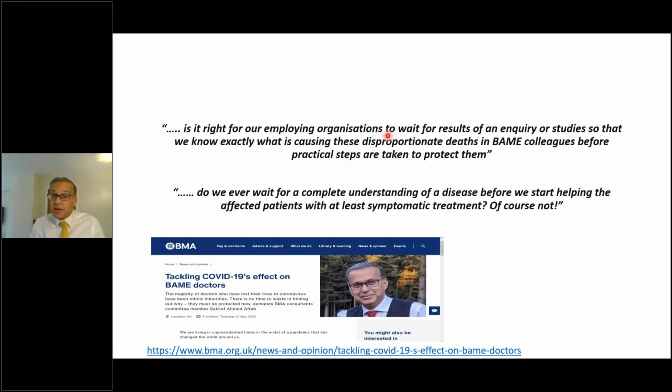And I'm lucky that I worked in an organization where the senior management was sympathetic to the concerns of its ethnic minority staff. And we were the first organization, to my knowledge, that had a fit for purpose risk assessment tool, which not only identified the colleagues who were at an increased risk, but also gave practical risk mitigation, protecting them from the virus.